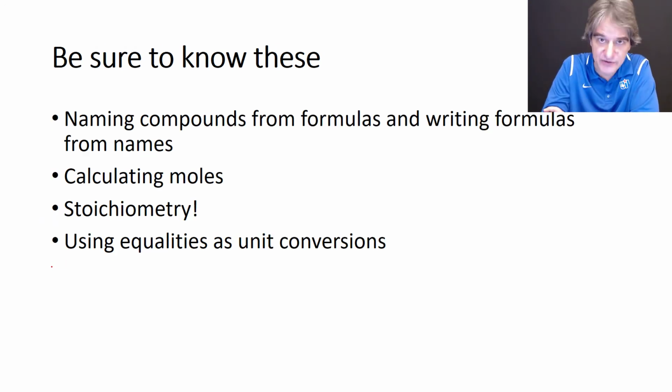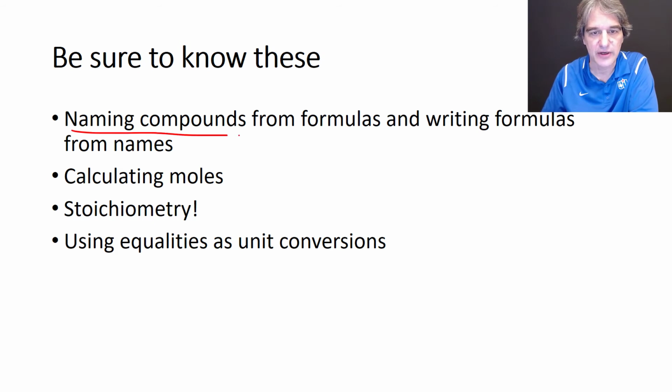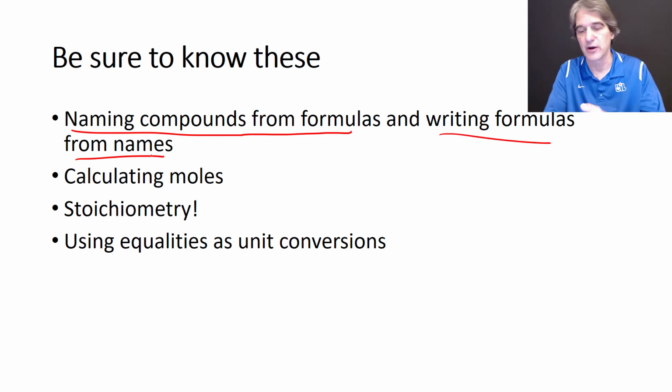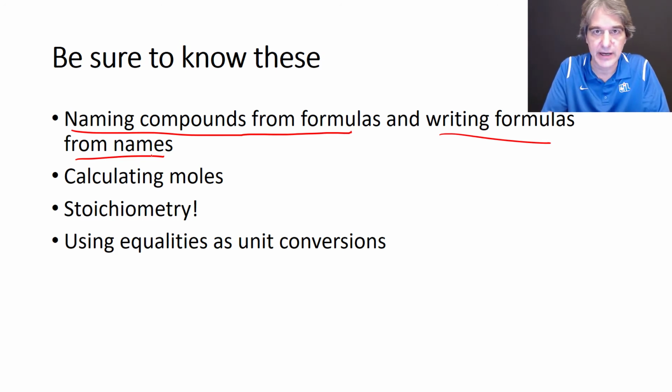Certain things, you guys got to know these. If the students are going to be taking these tests, they have got to know how to name compounds from formulas and how to write formulas from names. Whether you're talking about a covalent compound, an ionic compound, an acid, ionic compounds where you have a variable charge cation or a constant charge cation.